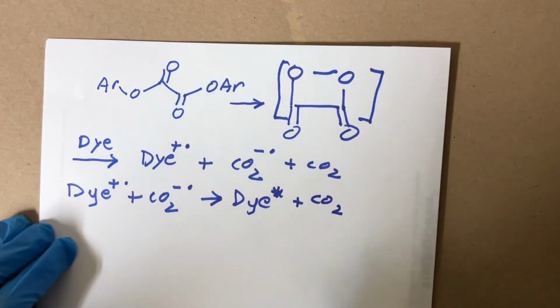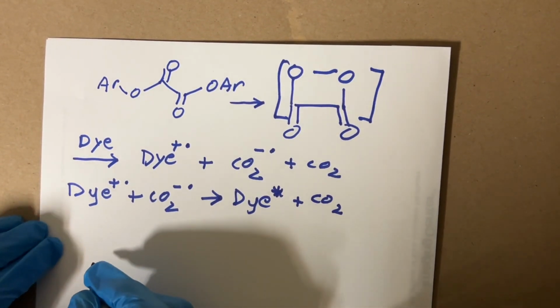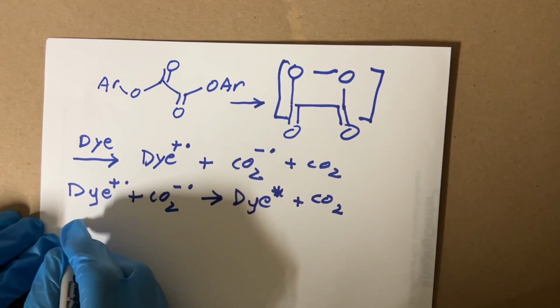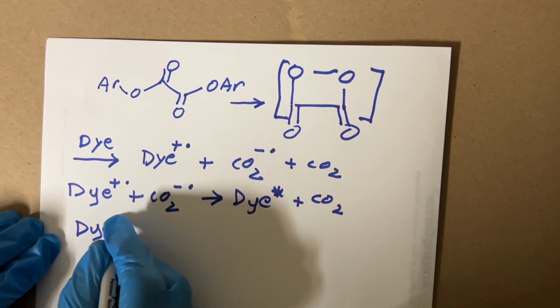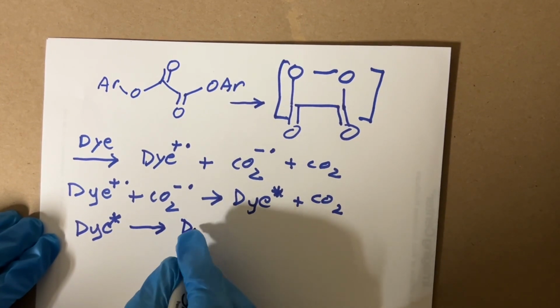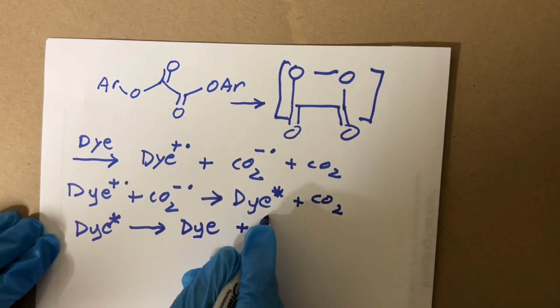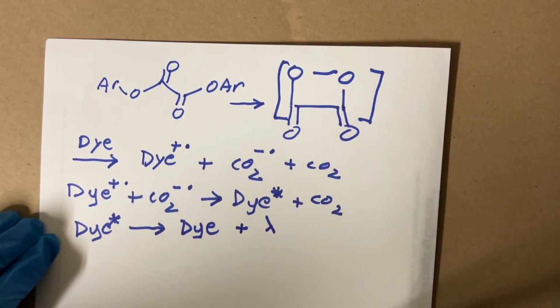So now you have 2 molecules of CO2 given up. Now the dye in that excited state can't stay there very long. And it wants to give up that extra energy and drop back to a lower energy level. So what the dye does is it gives up the energy in the form of light, in the form of a light photon. I'm just going to write that like a lambda symbol there.